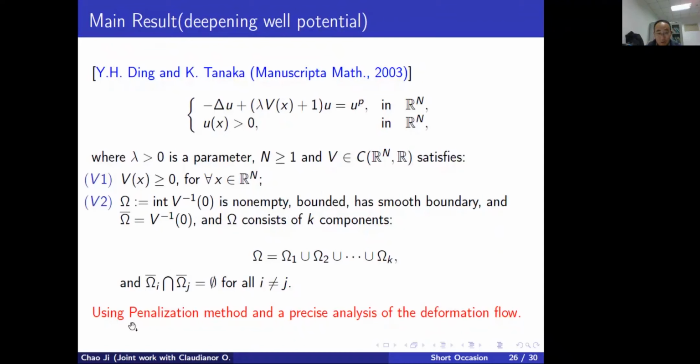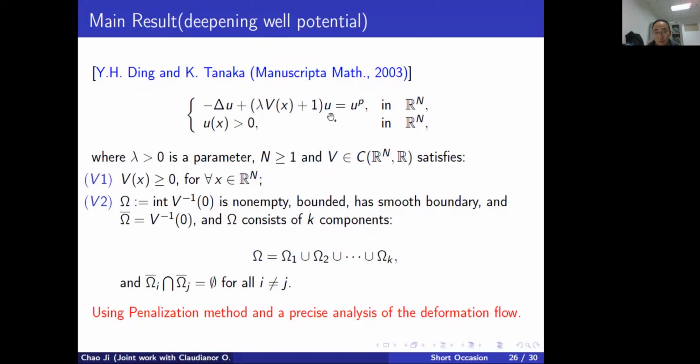We just use this method for F2. We can see F2 prime as a nonlinear term. But in order to look for a special solution, Ding and Tanaka look for a solution on a special set by using deformation flow.